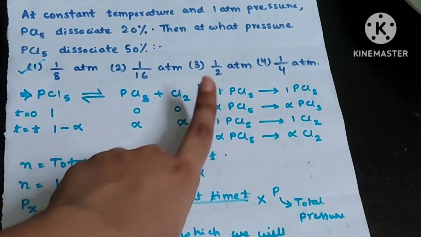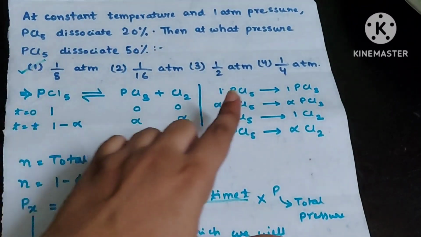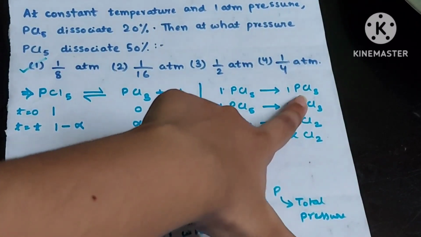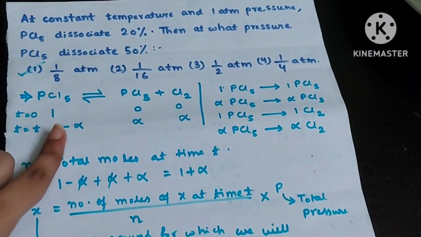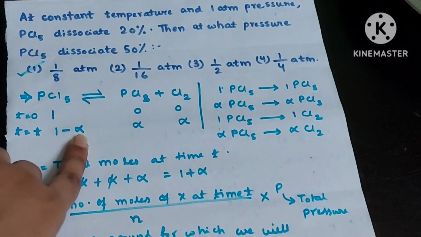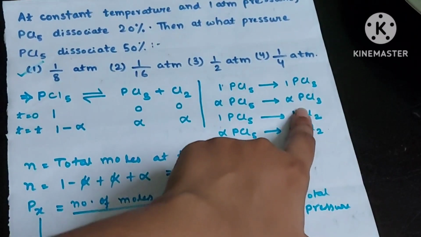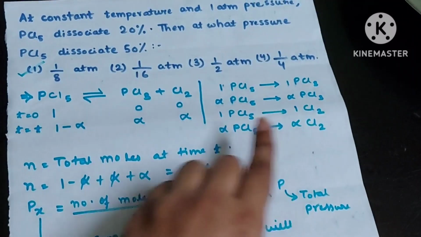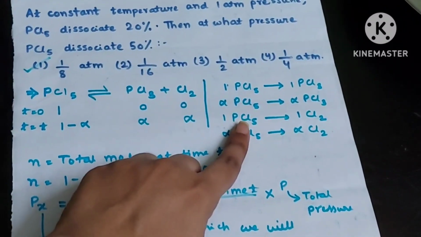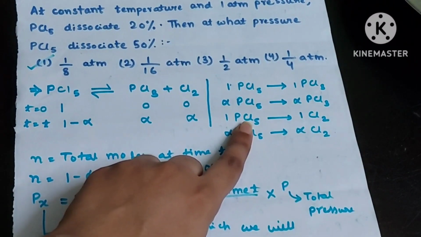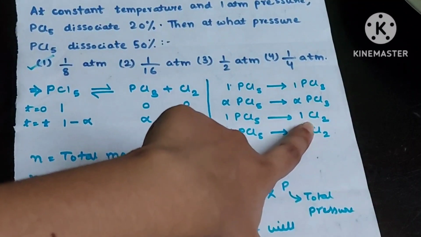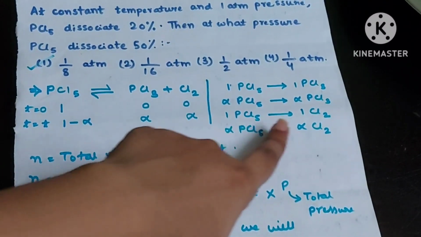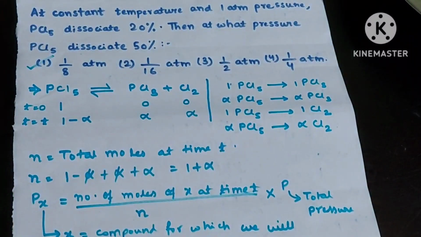Therefore 1 mole of PCl5 will give 1 mole of PCl3. Therefore when alpha moles dissociate from PCl5, alpha moles will be formed on the product side. Similarly, 1 mole of PCl5 gives 1 mole of Cl2, therefore alpha moles of PCl5 will give alpha moles of Cl2, unitary method.